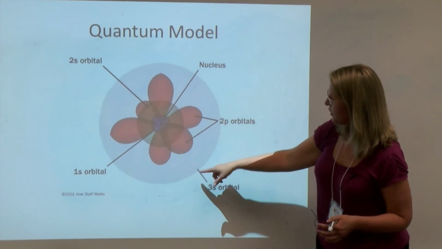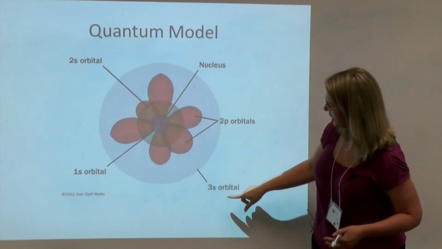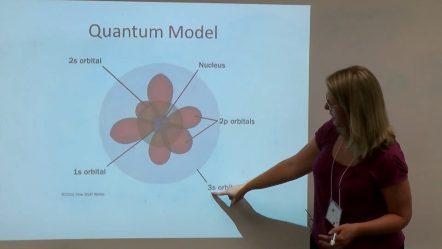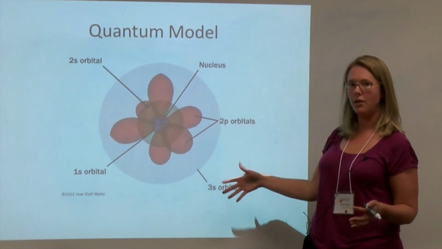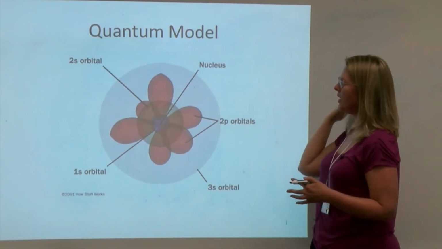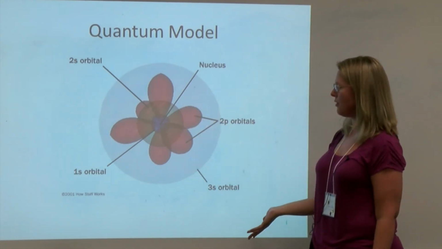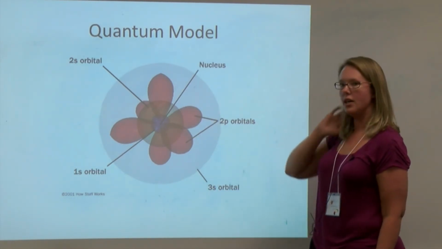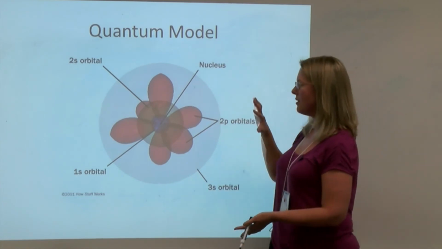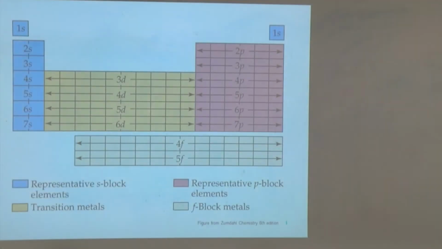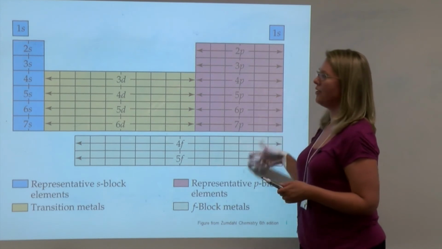And then if we continue on and keep filling more electrons, we go up again. So we get a 3s, 3p, and so on and so on. And you just keep going and expanding. This would be almost impossible for students to draw, but this is really what they think the atom is kind of looking like now. So that brings us to electron configurations.